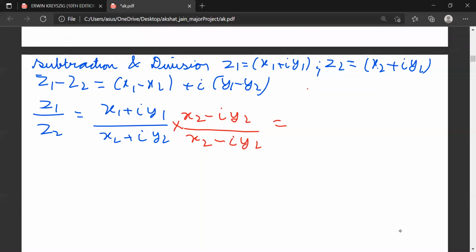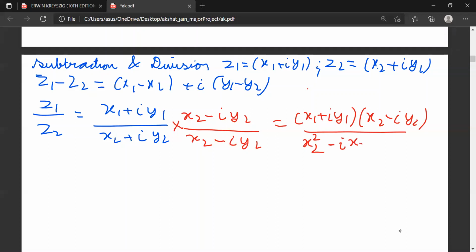First, we will do the multiplication of both the upper terms. That will come as x1 plus iota y1 into x2 minus iota y2. Let's multiply the below terms. x2 into x2 will come x2 square. Then x2 into iota y2 gives minus iota x2 y2. Then iota y2 multiplied with x2 gives iota x2 y2. Then iota y2 into minus iota y2 gives minus iota square y2 square, that is plus y2 square.